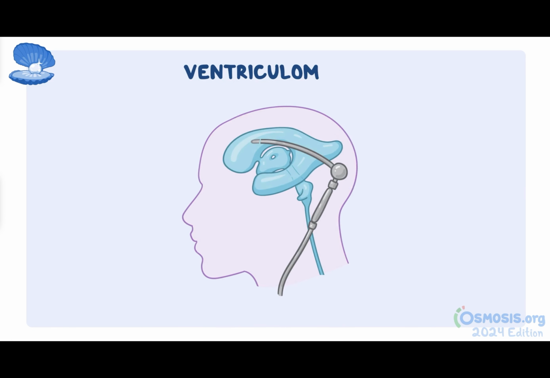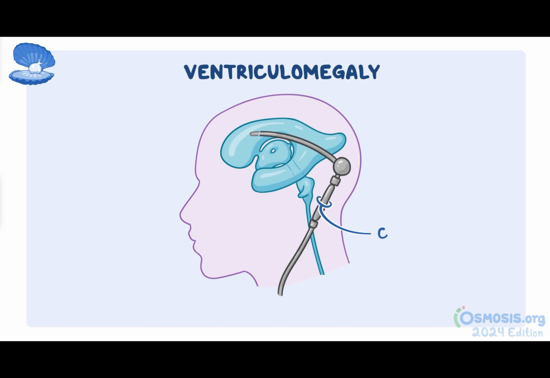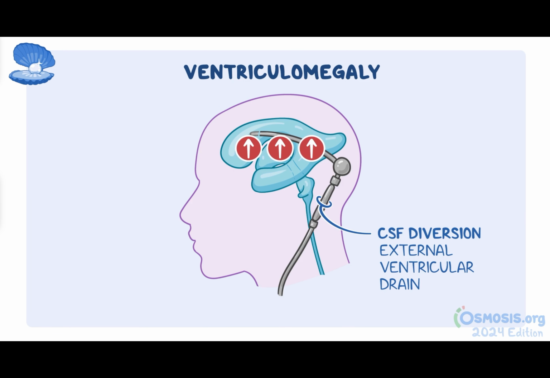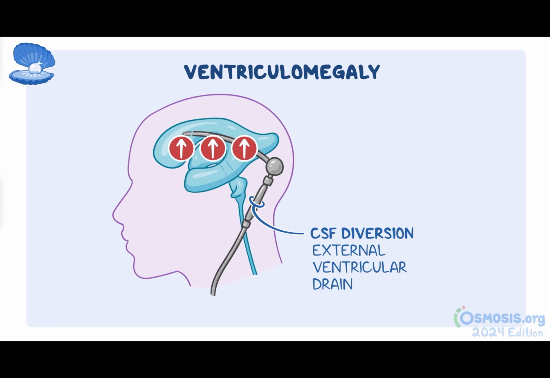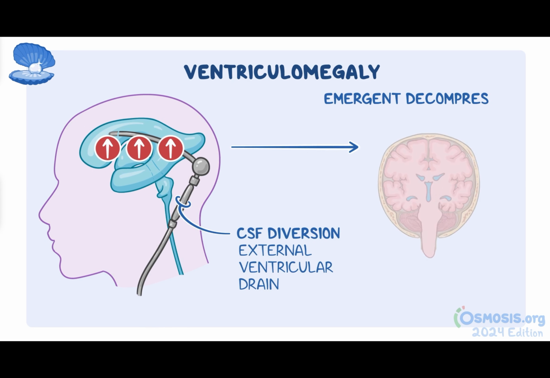If high ICP is partly due to ventriculomegaly, your patient will require CSF diversion, such as placing an external ventricular drain. Finally, if high ICP persists despite medical management and CSF diversion, you should proceed to emergent decompressive craniectomy.